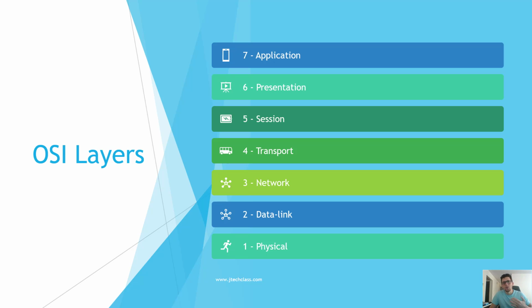Layer 2, or data link, defines how the communication is created between two directly connected devices. So between your computer and your router, or your wireless access point, or things like that. Okay. So layer 1, we go down to the first layer. This is the physical layer.